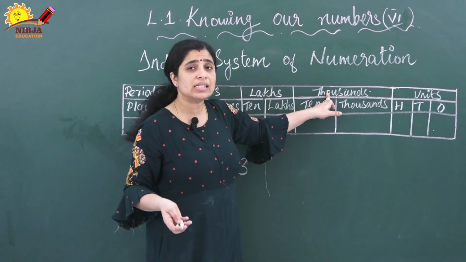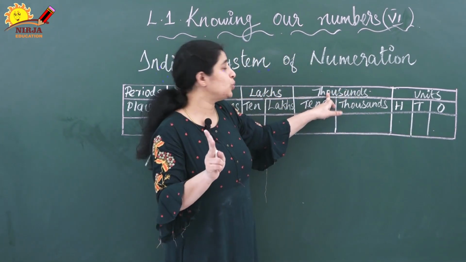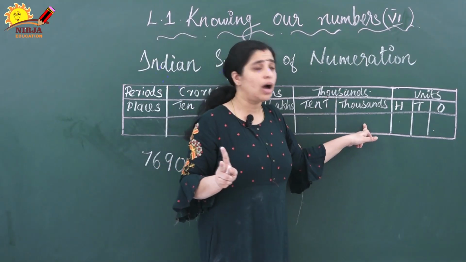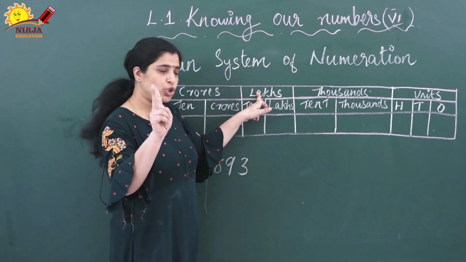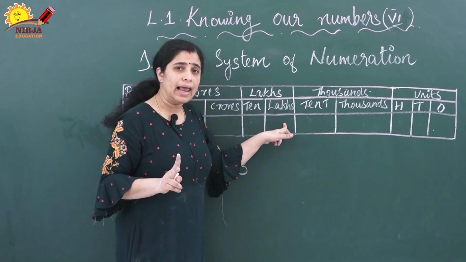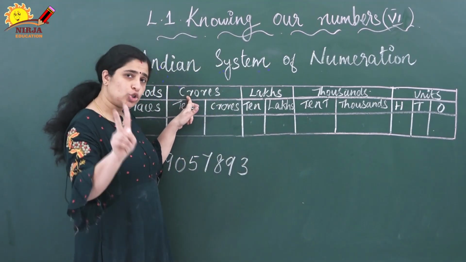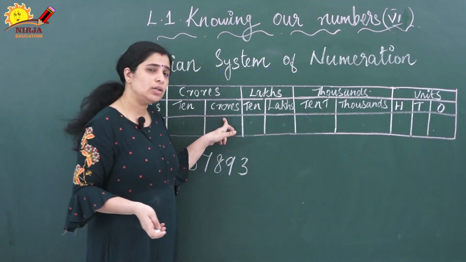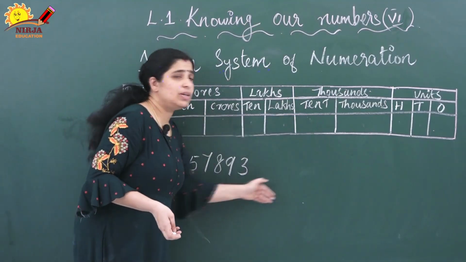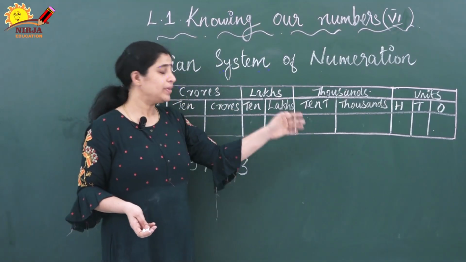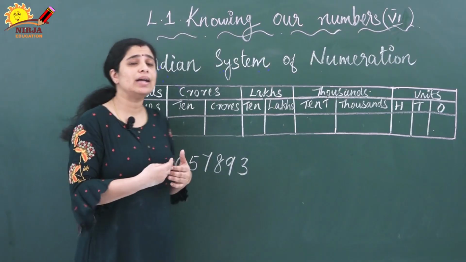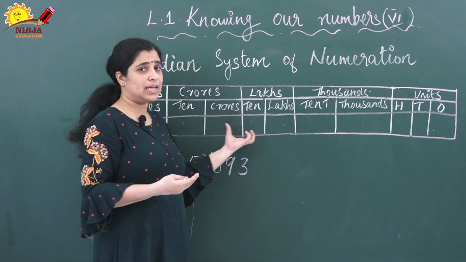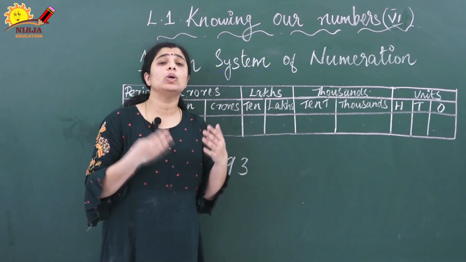And thousands are subdivided into 2, 10,000 and 1,000. Lakh again 2, 10 lakh and lakh. And again crore 2, 10 crore and crore. These are the subdivisions of the places. Now we will see how you can write this number in these periods, that means in this table.